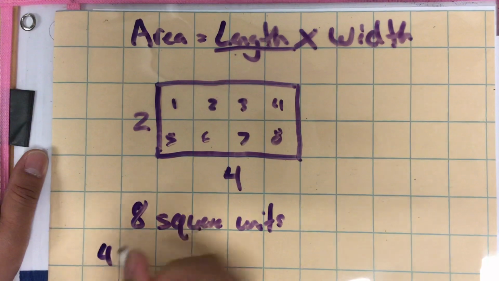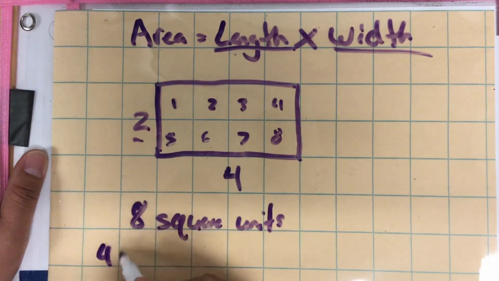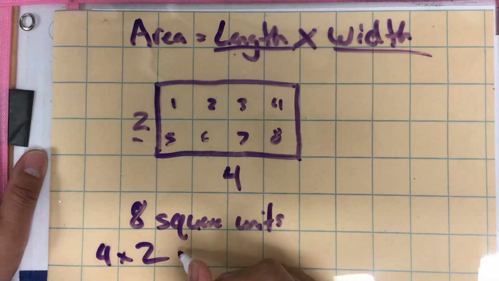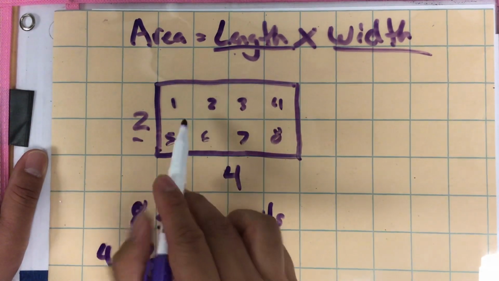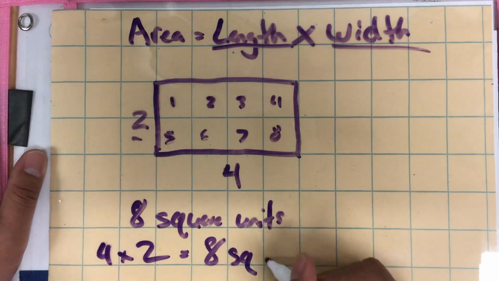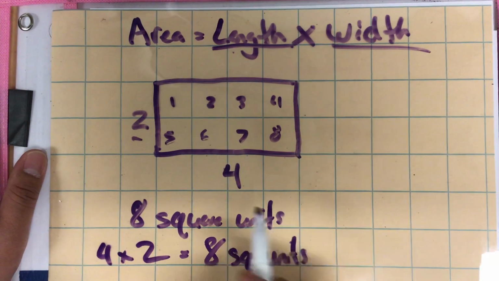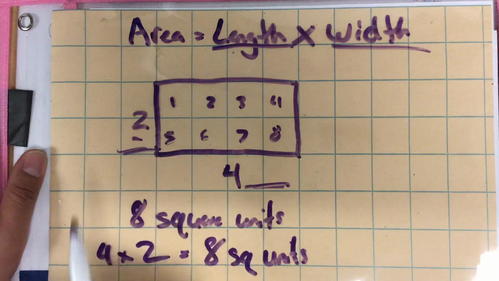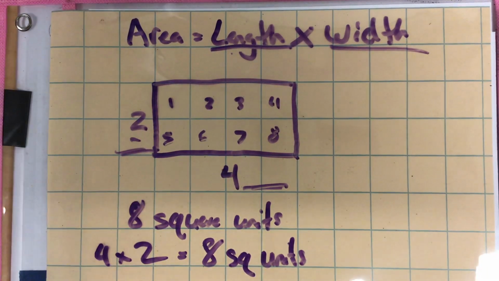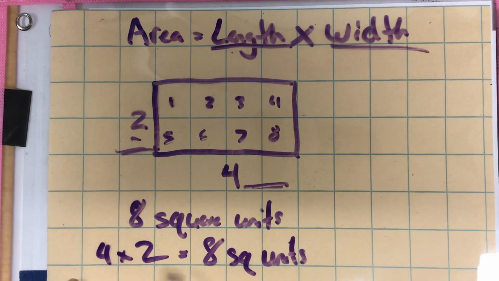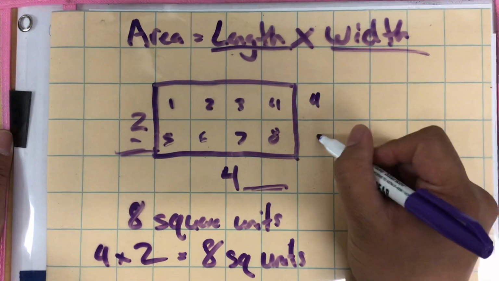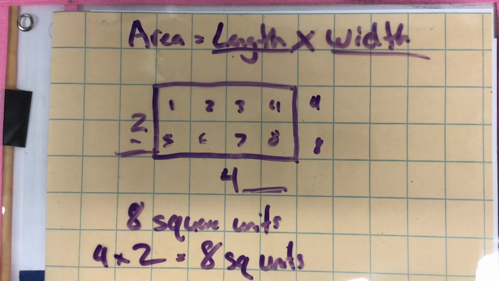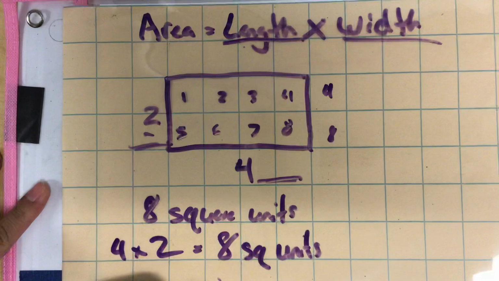So let's see, if we have 4 times our width, which is 2, that equals 8. And if it's just units, we just have 8 square units. Because we don't know. Is it inches? Centimeters? We have no idea. See, we multiplied it together. Now you can also just count across. That's going to be 4, 8. And it's just like an array. But we need to make sure we show it through math.